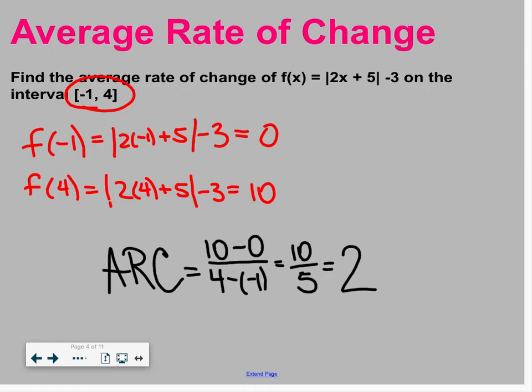You should get the same thing. But if you put 0 minus 10, you better put negative 1 minus 4. Like the 10 and the 4 need to be grouped together because they're from the same coordinate.